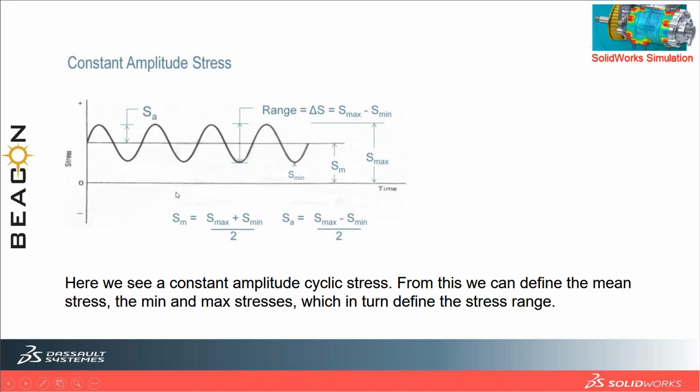You can observe here the amplitude of this loading, and easily find what the maximum and minimum are. Based on that, we can define the alternating stress, which is half of the stress range.